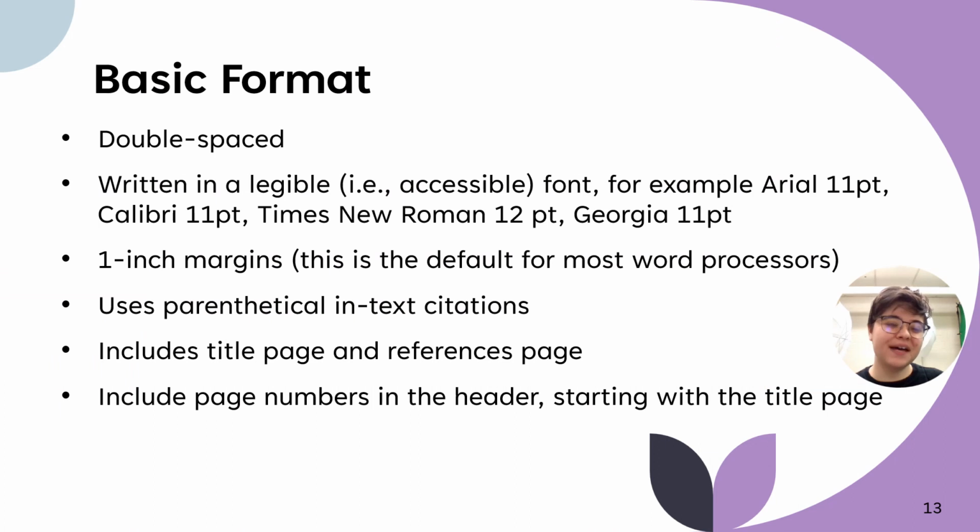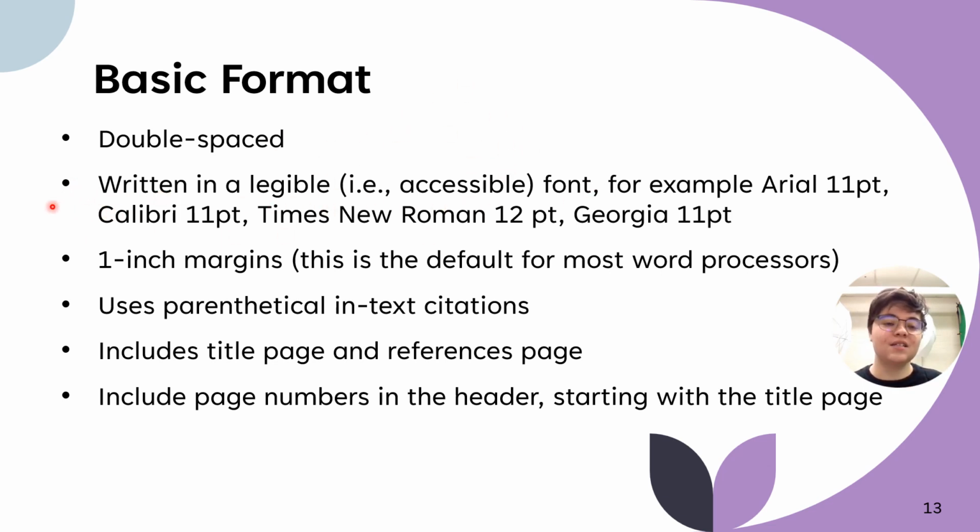The basic format expectations for APA papers are pretty similar to the default in a word processor like Microsoft Word. Papers should be double-spaced with 1-inch margins. There's not one required font. Instead, the APA requires a legible, accessible font.